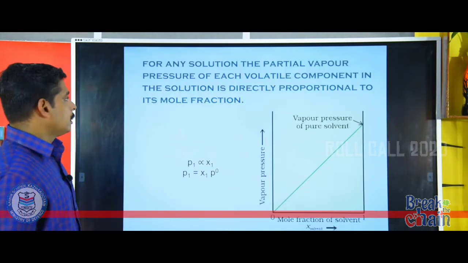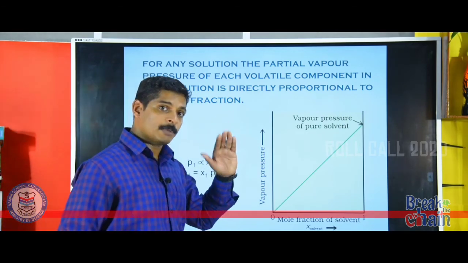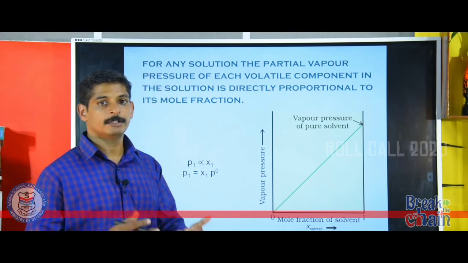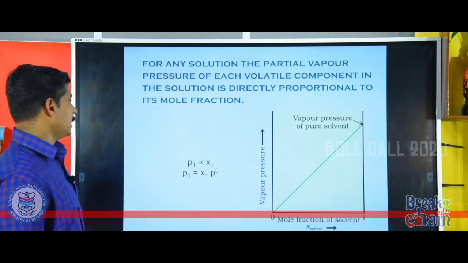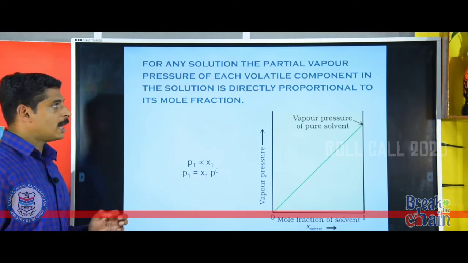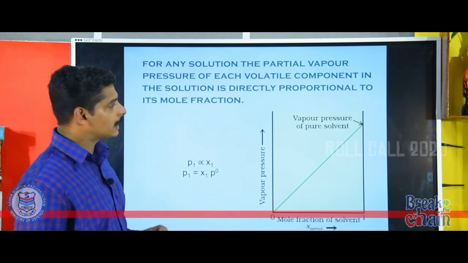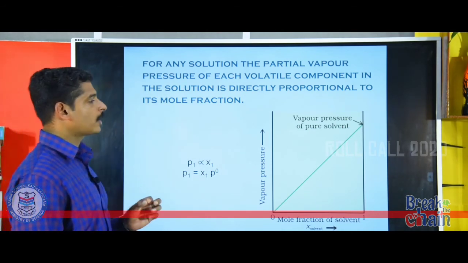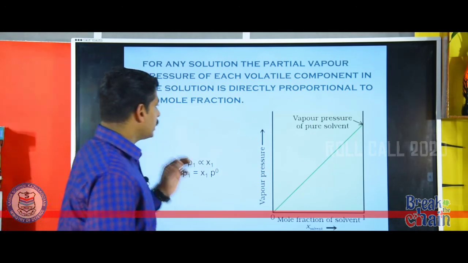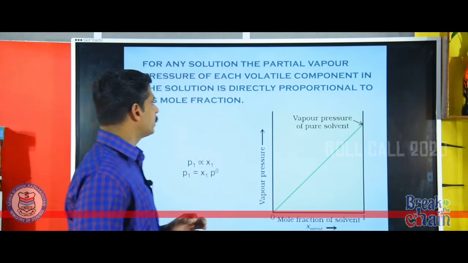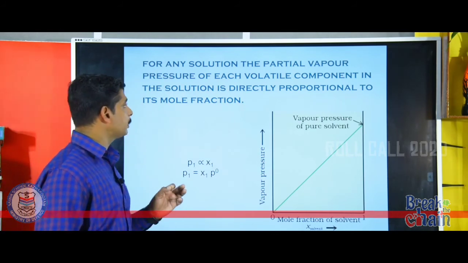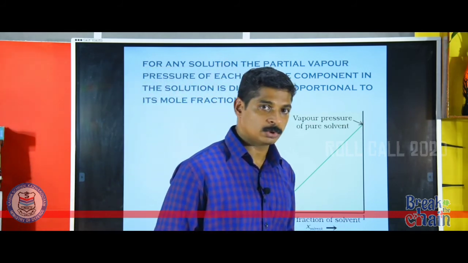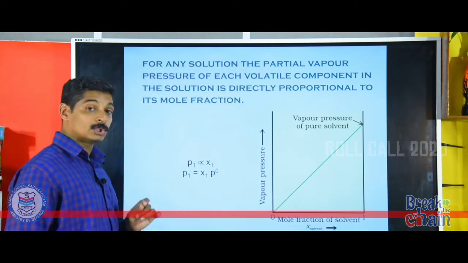Now, you can state the same Raoult's law in a different form. How can we state the same Raoult's law in a different form? You can say, for any solution, the partial vapor pressure of each volatile component in the solution is directly proportional to its mole fraction in solution.